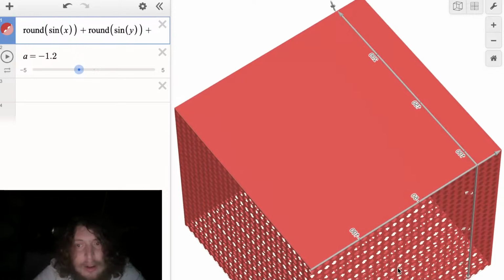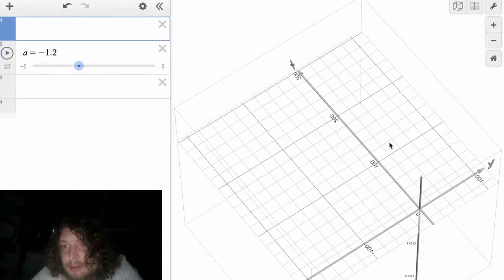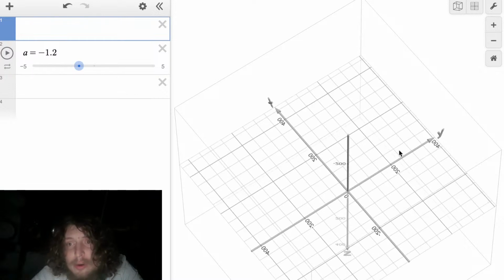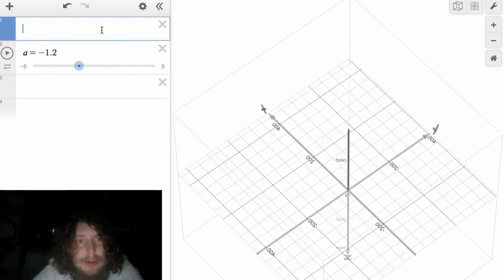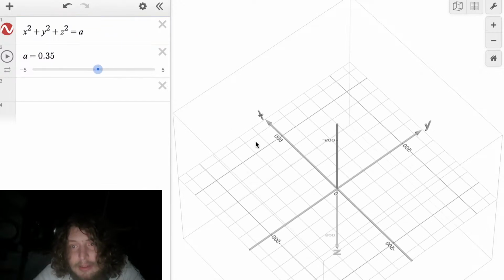Somebody said I should try x cubed plus y cubed equals z cubed and see if that's a sphere. You're close to the right track, but I'm actually not going to need to use cubes. I just need to use squares with 3 variables. So I just need to say x squared plus y squared plus z squared equals a, and make a positive, and get to the right scale.